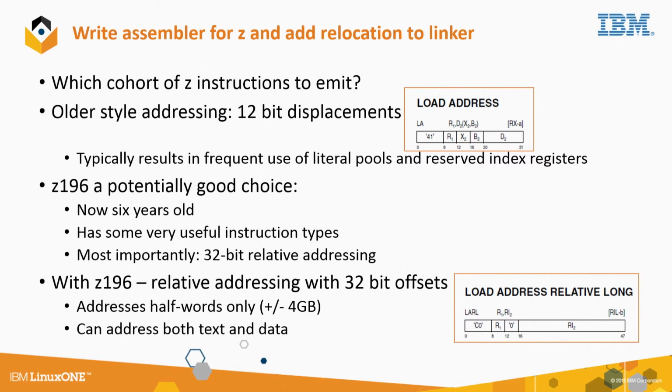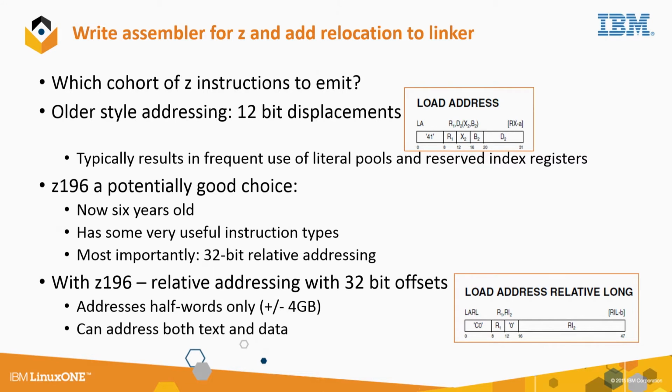And this led to a need for putting what are called literal pools in your code. Every 4K or so, you have a chunk of data, and if you get there, you have to jump over it. It holds pointers and things that you can load up, for example, for backward references. We thought that would be inconvenient. But with this relative addressing, 32 bits of PC relative addressing, and by the way, it's half word, so I can go backwards 4 gigabytes or forwards 4 gigabytes.